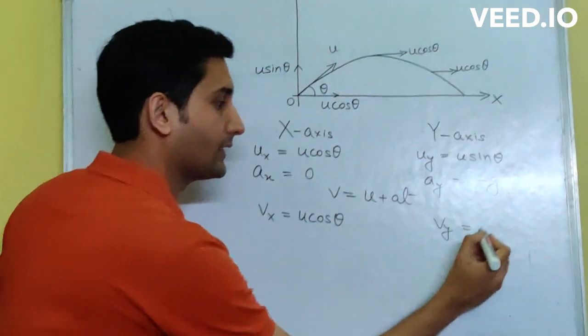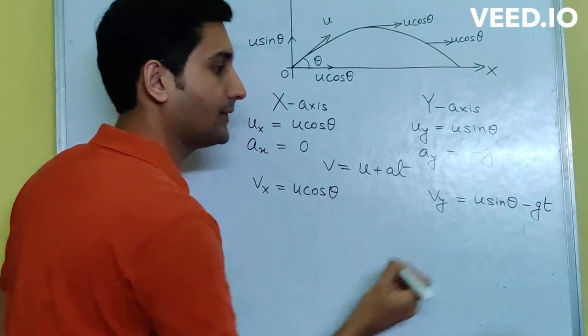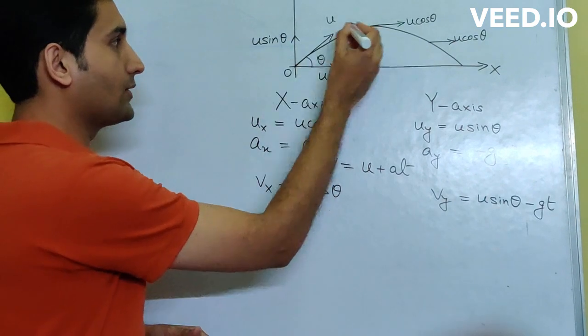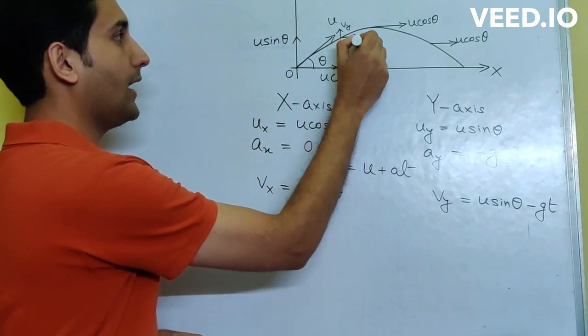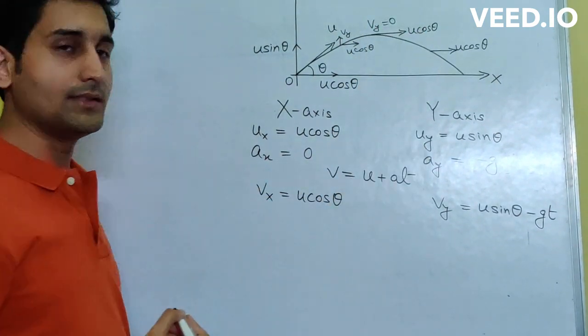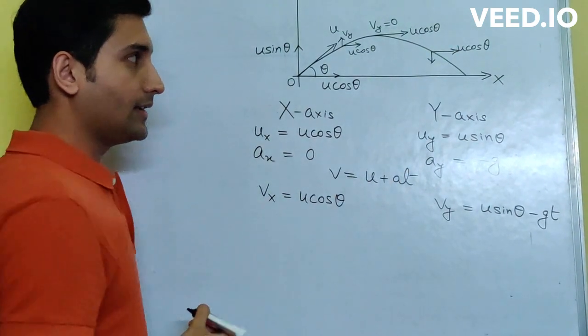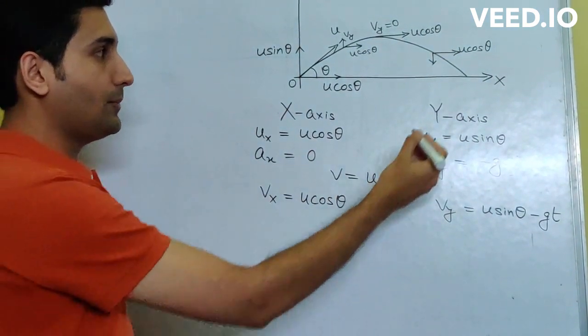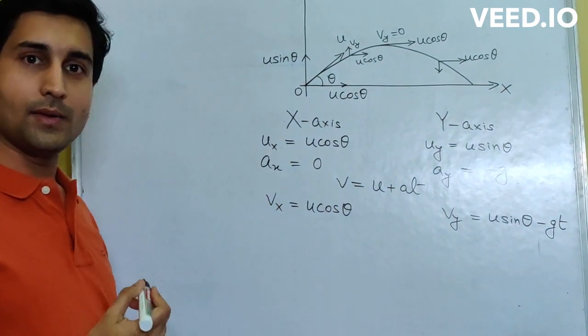It keeps changing as u sin theta minus gt. So as the particle goes up, the velocity decreases, and at the highest point, the vertical velocity becomes 0. After that, the vertical velocity is in the downward direction, and when the particle hits the ground, it hits with the same speed as the initial speed, u.